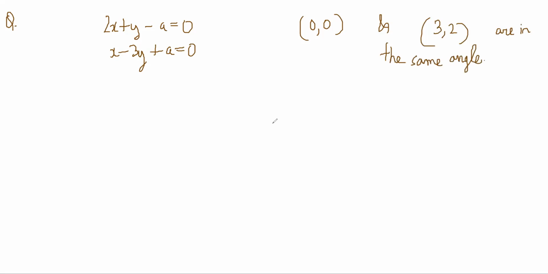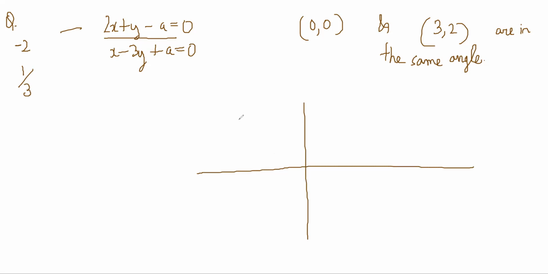So first of all, this line's slope is minus 2 and this line's slope is 1 by 3. One slope is minus 2, so something like this, and when you put y is equal to 0, x is minus a by 2.